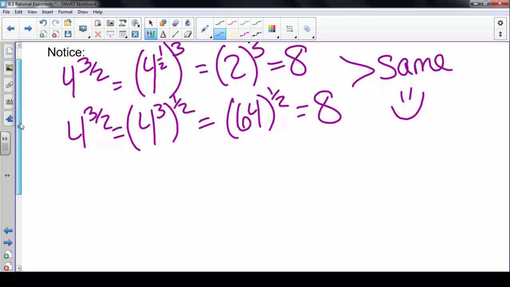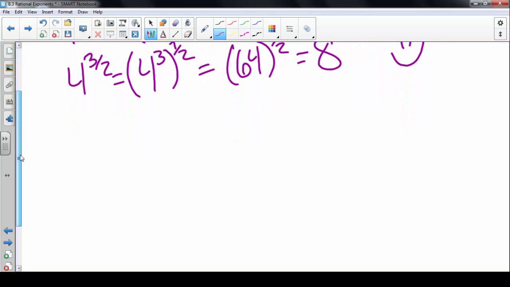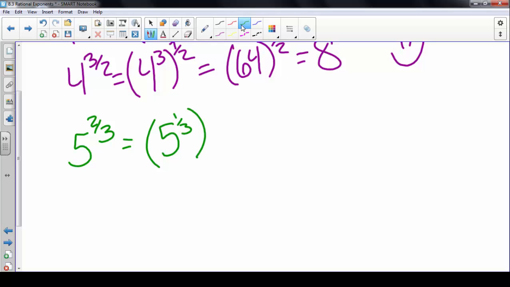So we're going to do another example. Five to the 2/3. We can break that up as 5 to the 1/3 squared, which is the same thing as the cubed root of 5 squared, which is the cubed root of 25.